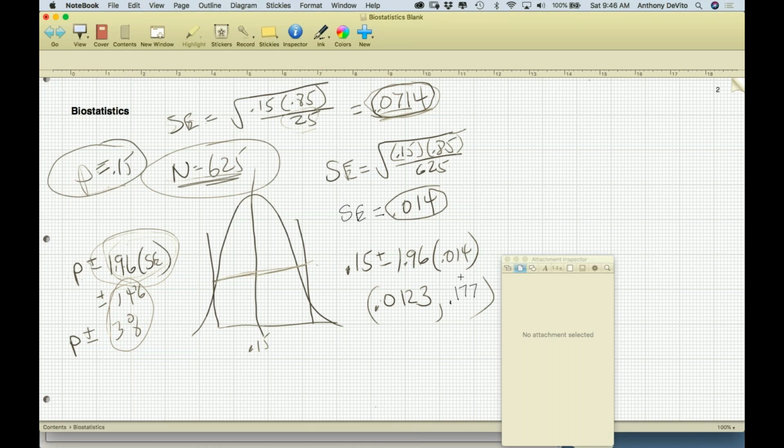Okay, so basically, if I know the population proportion is 15%, and I took repeated samples of size 625, I would expect those sample results to come back 95% of the time with a proportion for the sample between 0.123 and 0.177, between about 12% and about 18%.